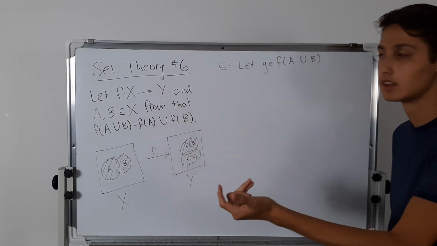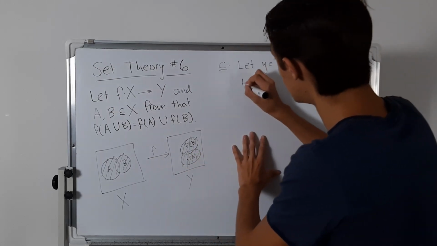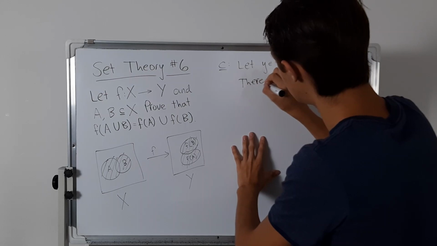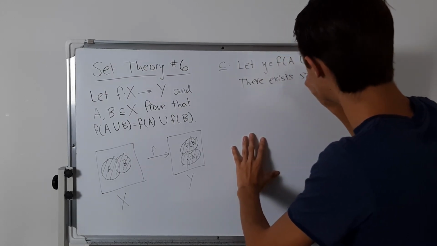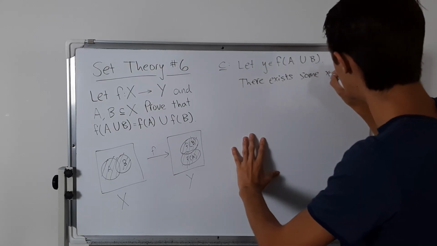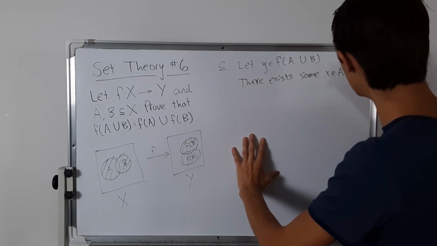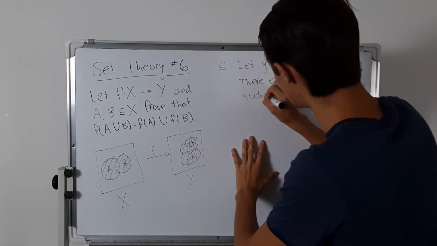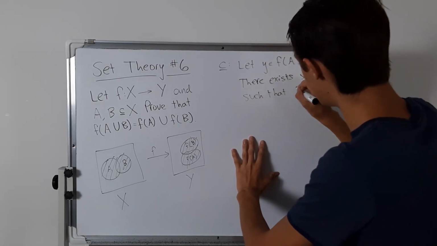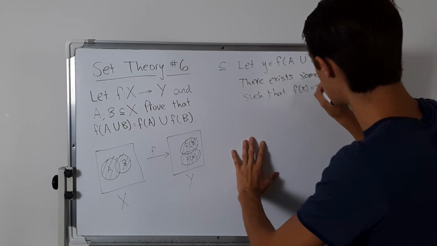But what that means is that there exists some element x which is in A union B, such that f of x equals y.